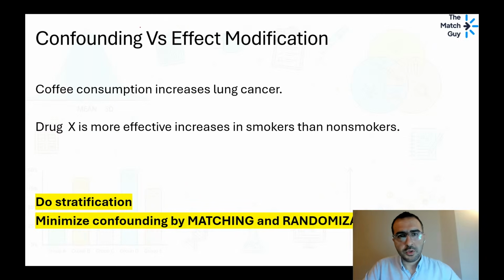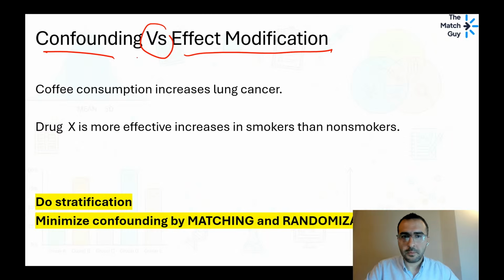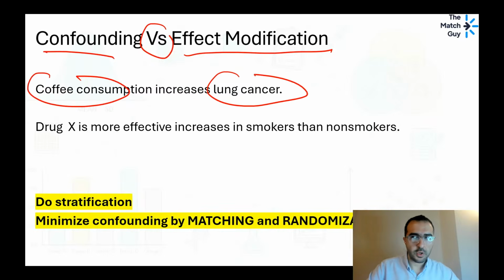Yeah, and also this concept is high yield: confounding versus effect modification. Well, what if I said that coffee consumption increased lung cancer? So, in real life, it doesn't make sense, right? Like you already know that the risk factor for lung cancer is smoking. But, as you know, statistically speaking, most smokers actually consume coffee.